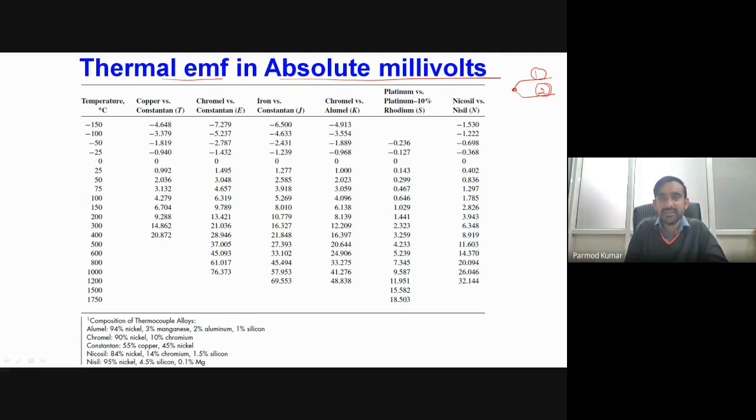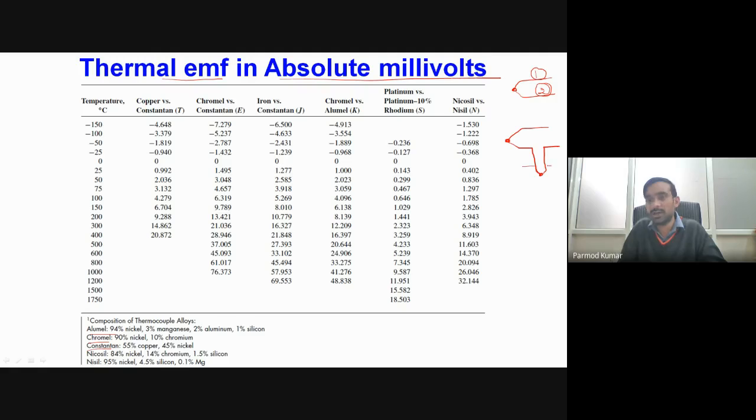Okay, so we are having certain alloys also over here. You can see in this particular table, the composition of the different alloys is also given. Okay, apart from that, whatever the EMF value is given over here, we are having one junction, as I have told you, and then another junction we will be creating as a reference junction.